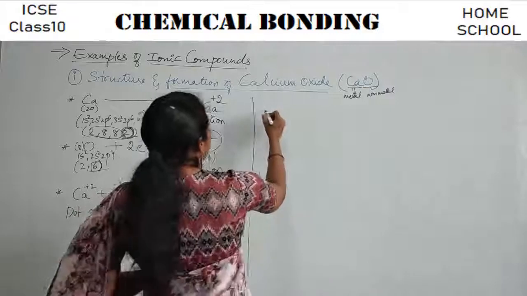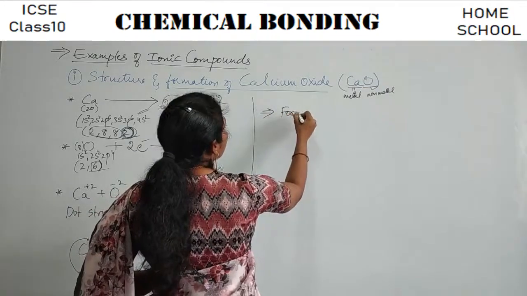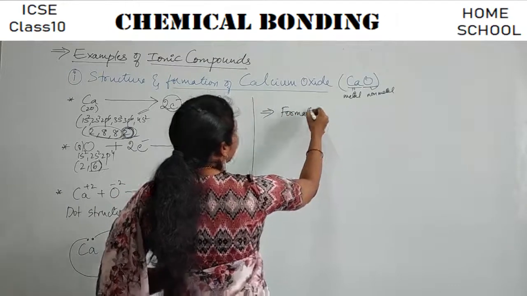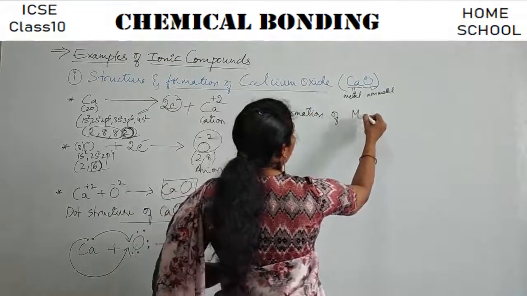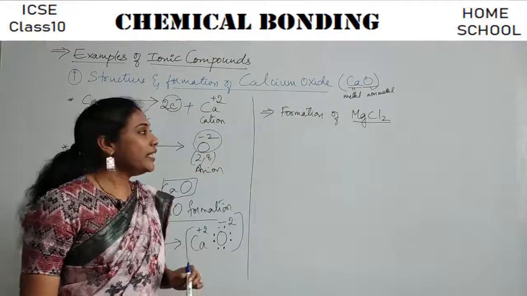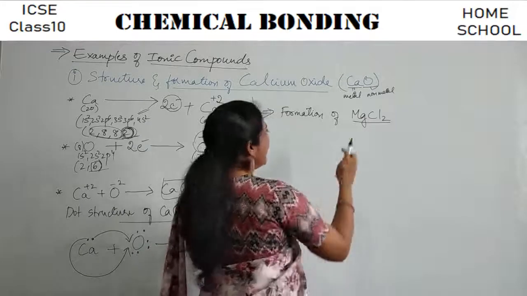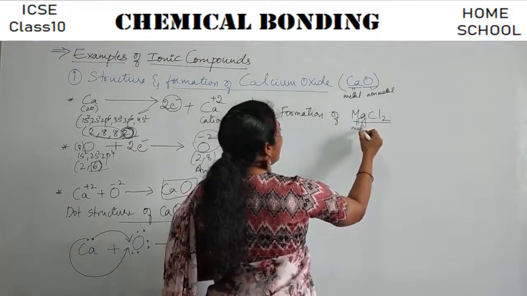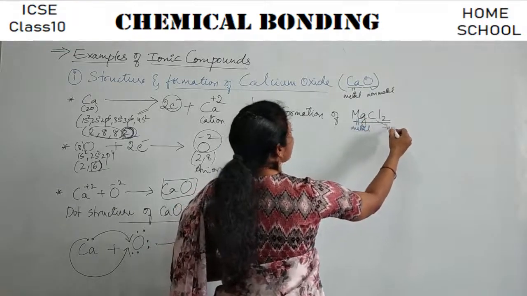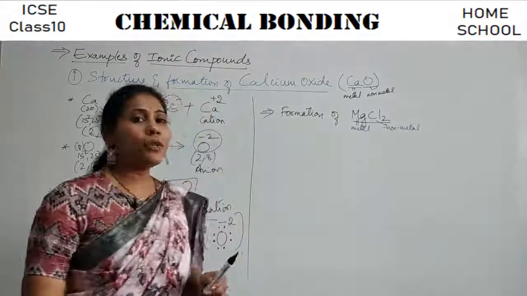And now let us talk about the formation of magnesium chloride, MgCl2. So here, who is a metal and who is a non-metal? Definitely magnesium is a metal and chlorine is a non-metal, isn't it? So a metal always loses electrons.